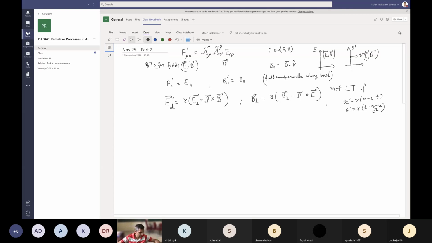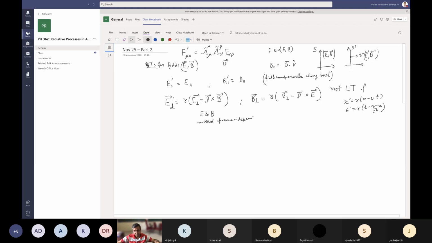Okay, so this is for B. So what it means is that E and B are mixed, and they are frame dependent, right?